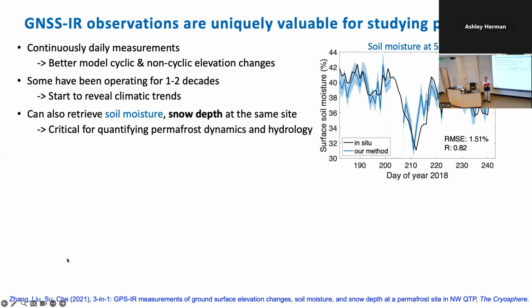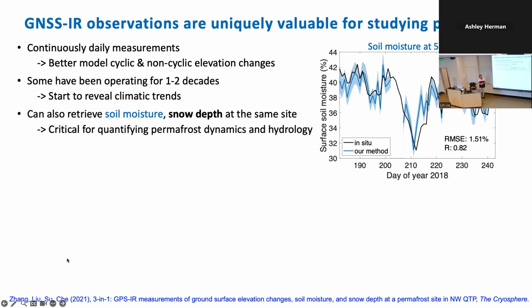So you can better quantify cyclic and also non-cyclic, regular and irregular movements. Some of the GPS stations, including the one I mentioned, SG27, have been operating for 10 years or even 20 years. When we talk about climate change, 5 years is not appropriate. So you need long time series like what GPS can give us.